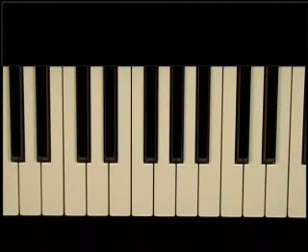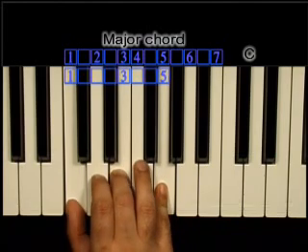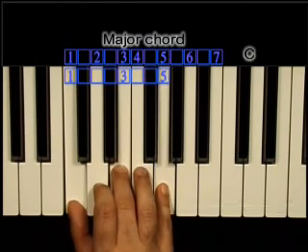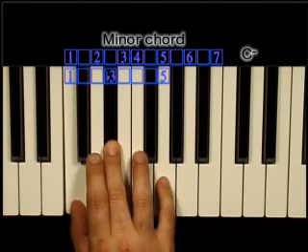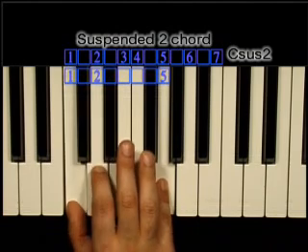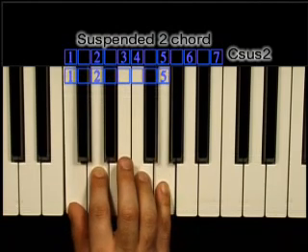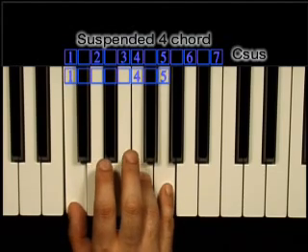Now that you learned how to name the chords, let's go through all the 3 and 4 note chords. The first is the major. 1, 3, 5. Flat the 3, you get a minor. 1, flat 3, 5. Here's the sus2. 1, 2, 5. Here's the sus4. 1, 4, 5.